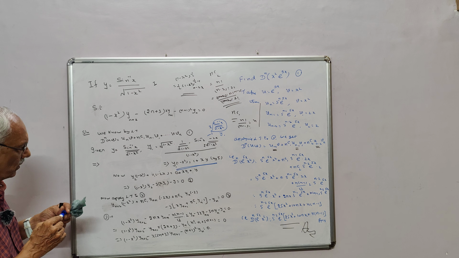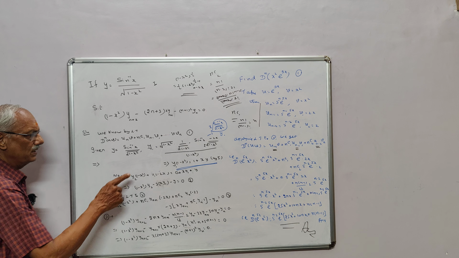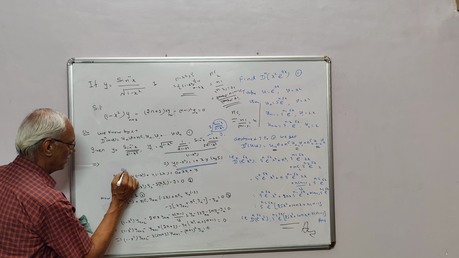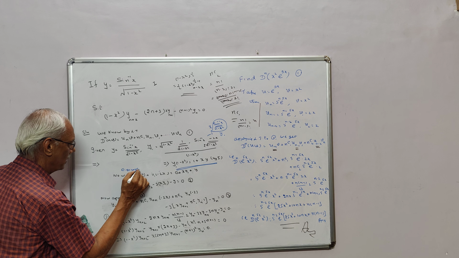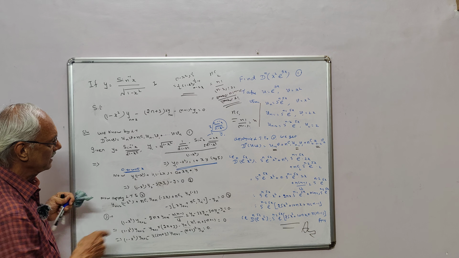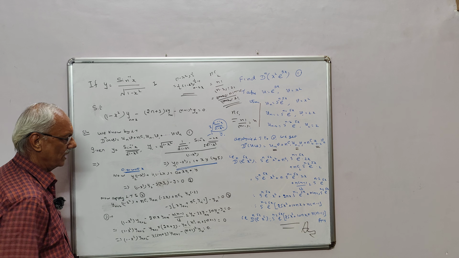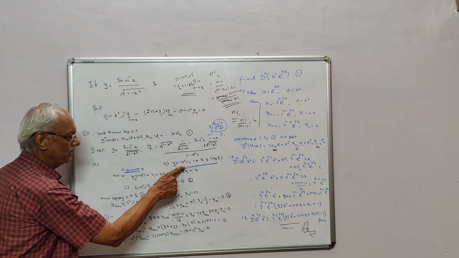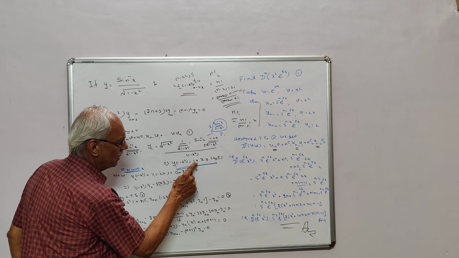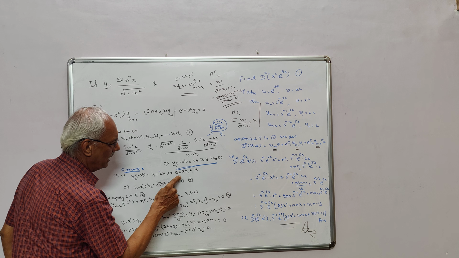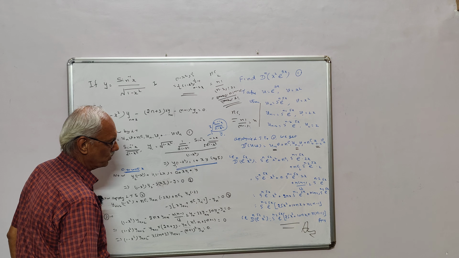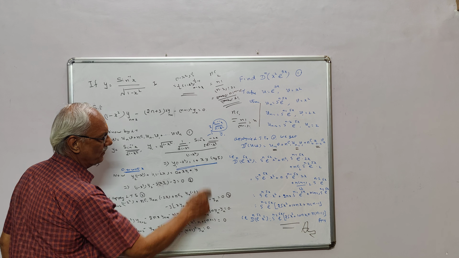Now differentiate this with respect to x. When you differentiate with respect to x, this is y2 into 1 minus x squared plus y1 into the differentiation of minus x squared, which is minus 2x, is equal to, differentiation of 1 is 0, x into differentiation of y with respect to x is xy1, plus y into differentiation of x is 1.